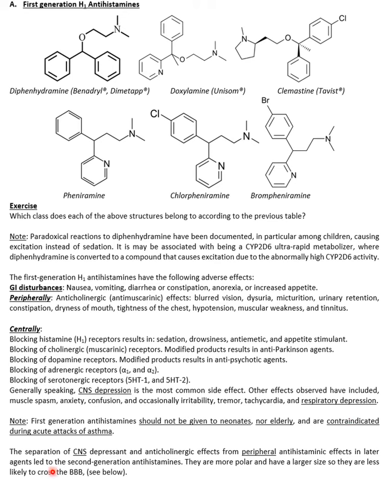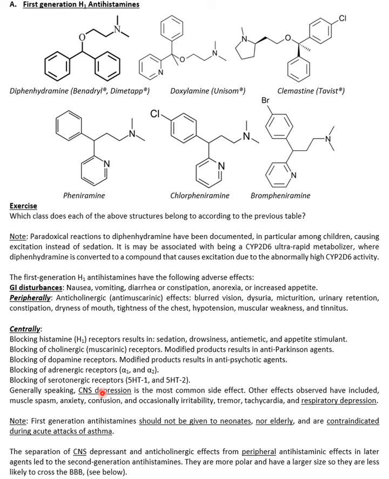And finally, in order to separate the central effect and avoid all these effects produced by the first generation, another generation, a second generation, was designed that does not cross the blood-brain barrier and does not cause these central effects.